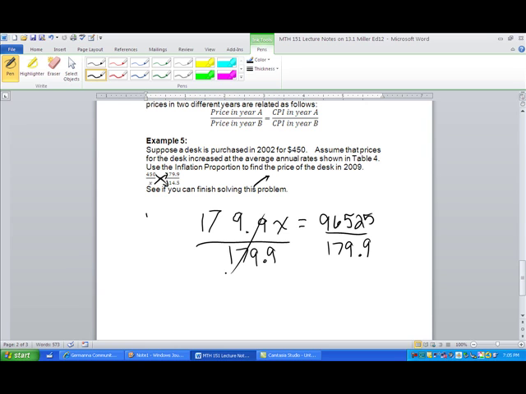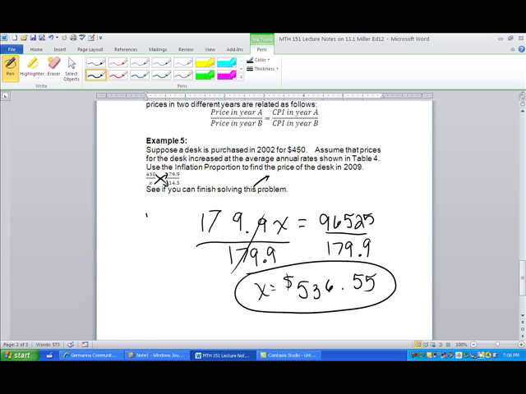And so I'm coming up with 536.55. So that would be the expected price of the desk in 2009, considering the inflation figures that we got from the table.